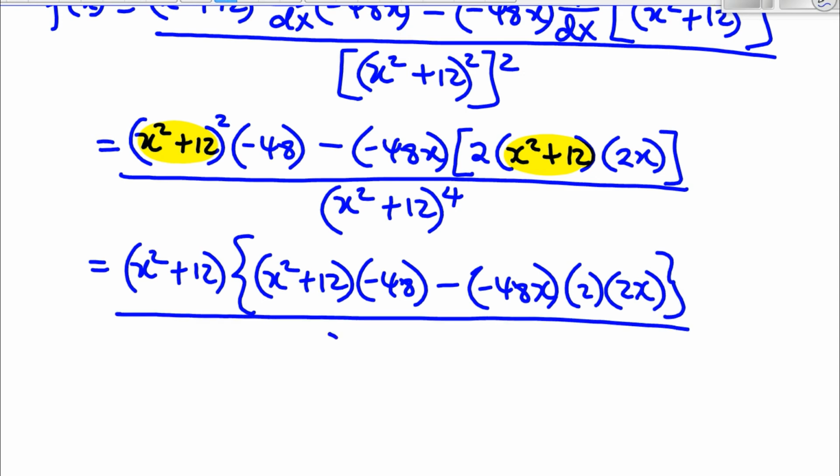All this over x squared plus 12 to power 4.